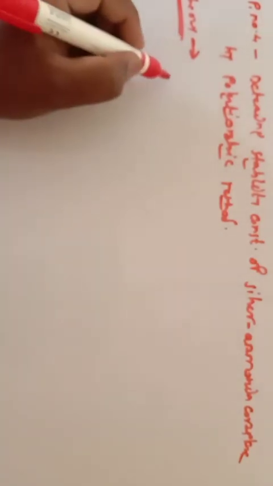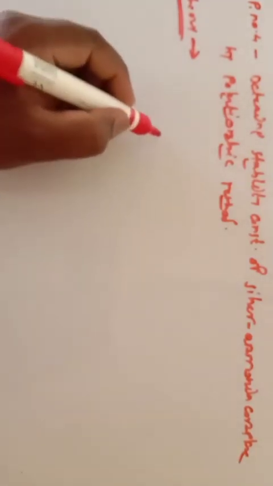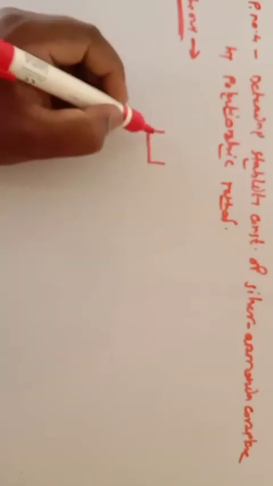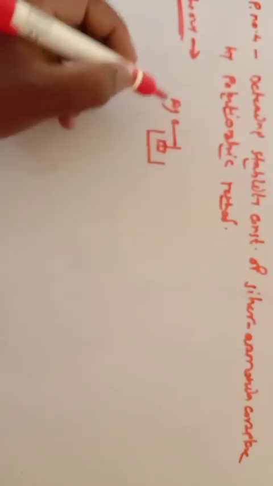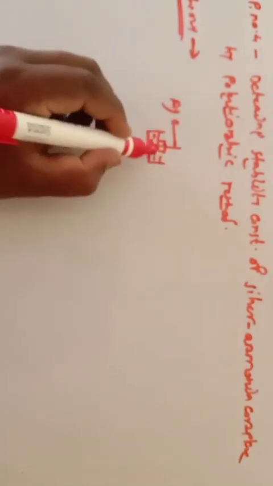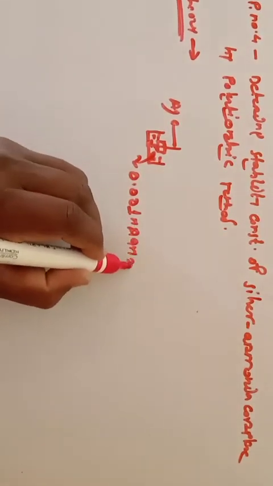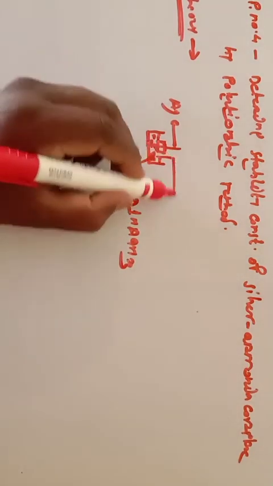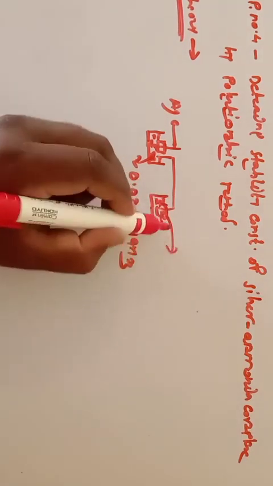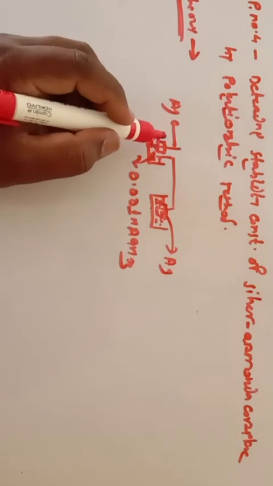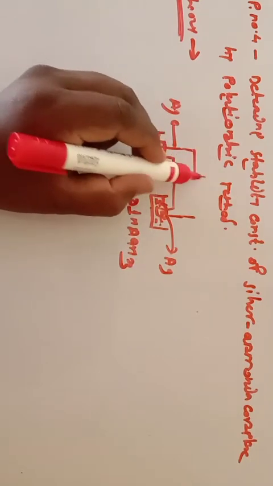Second, you have to prepare the cell like this: on one side there is a silver electrode, and the solution is 0.001 normal AgNO3, and this solution is connected to the salt bridge, and here again this electrode is also a silver electrode, and both these electrodes are connected to the potentiometer.